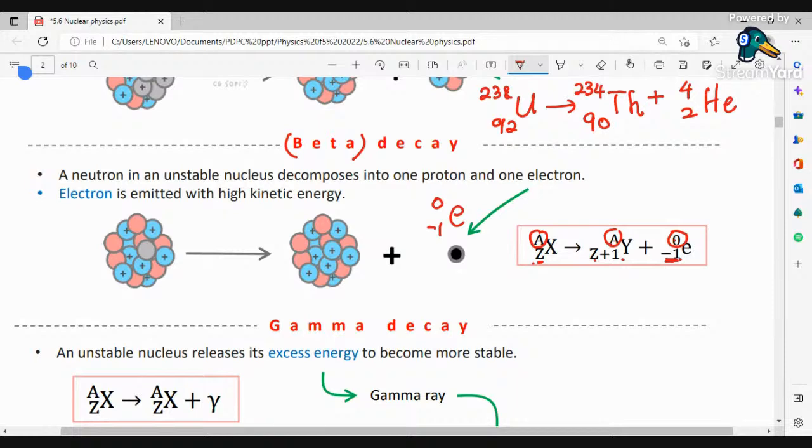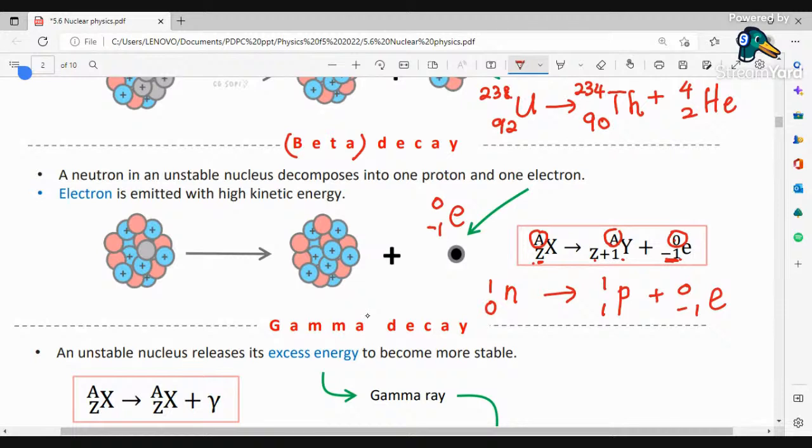Okay, example for beta decay, neutron, neutron 1 0 n, become proton emitting 1 beta. Okay, so you can see from here, neutron decomposes into proton and 1 electron.